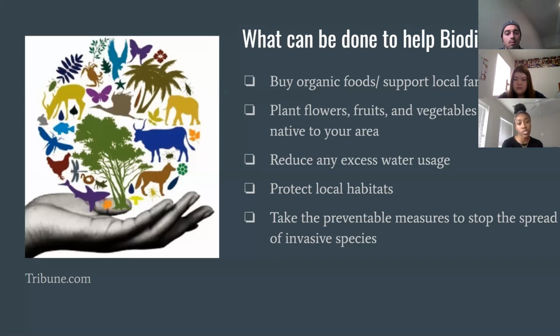Limiting water usage can help maintain good levels of water availability, and taking care of the environment, such as not stepping on plants or creating new trails when we go on hikes, can help save our local ecosystems. We learned that invasive species can have long-term major effects. So if we all do our parts, we can make a difference in conserving biodiversity.